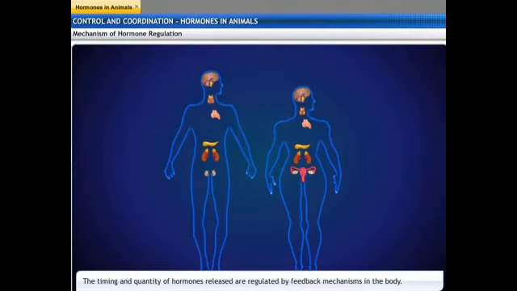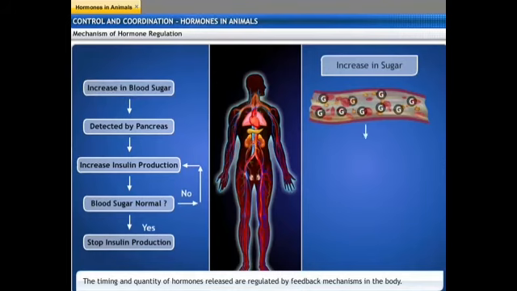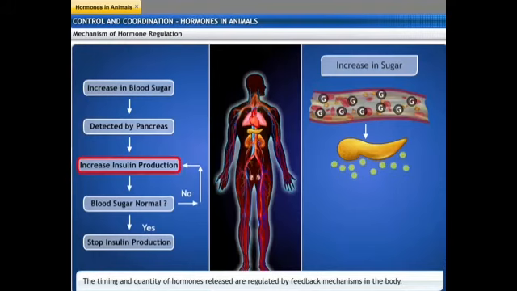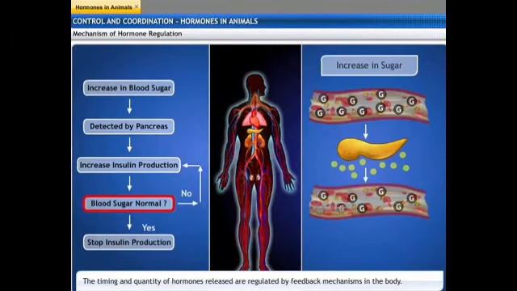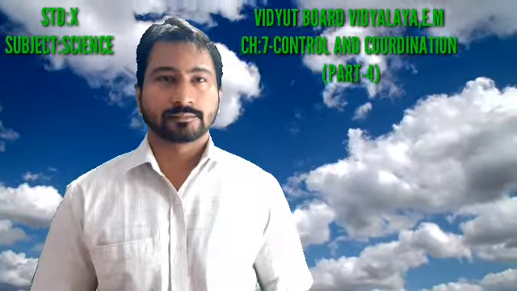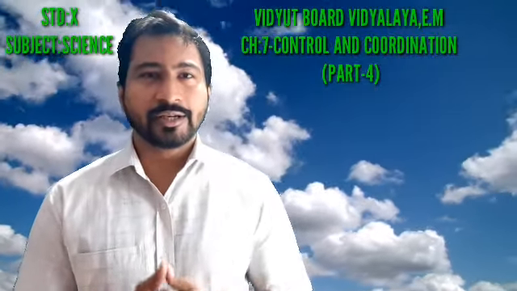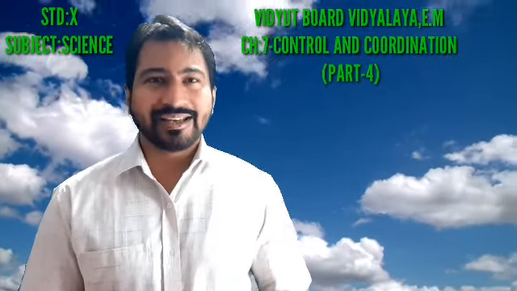In the body of a typical human, the increase in the blood sugar level is detected by the pancreas, and that will ultimately increase the insulin production. So the blood sugar level will become normal, and when it becomes normal, it stops the production of the insulin.